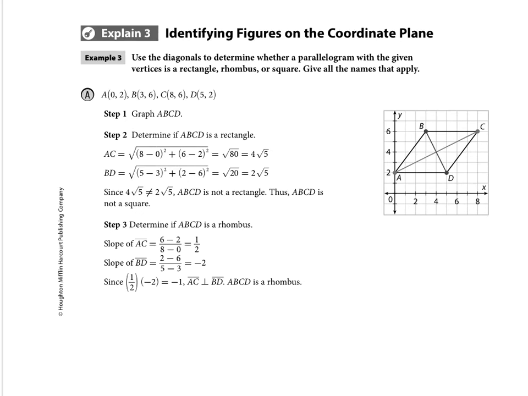So rhombus is what we would write here after all these calculations to wrap that up. Now notice we did a couple of different formulas just using the diagonals. So we're going to continue that with part B on the next page.